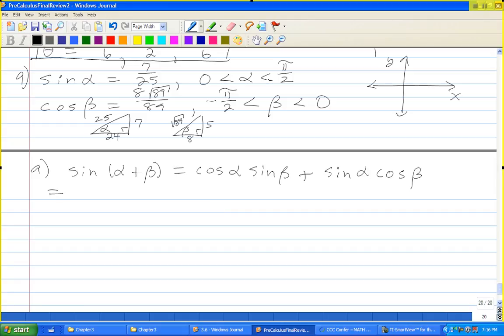And so alpha is in the first quadrant. Beta is in the fourth quadrant. So cosine of alpha will be positive, 24 over 25. Sine of beta, so sine is negative, and sine is 5 over rad 89.